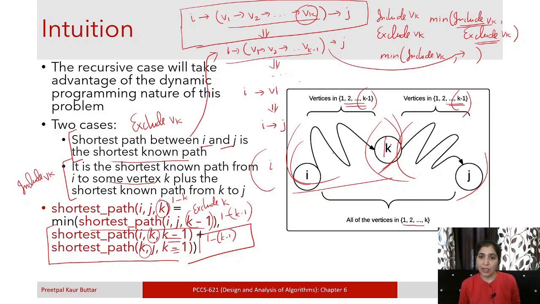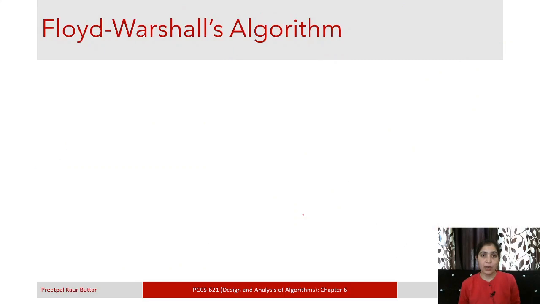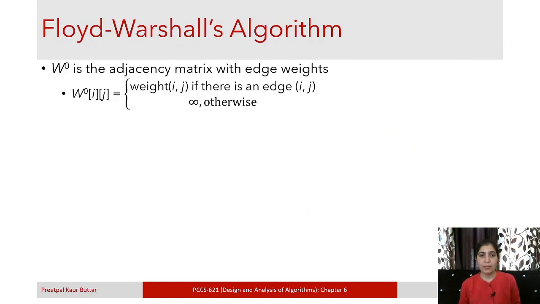When you include k, in the overall problem you are also including k along with the other vertices. So the total intermediate vertices you are considering are 1 to k. Now let us look at the algorithm.